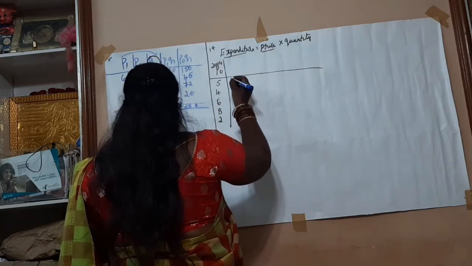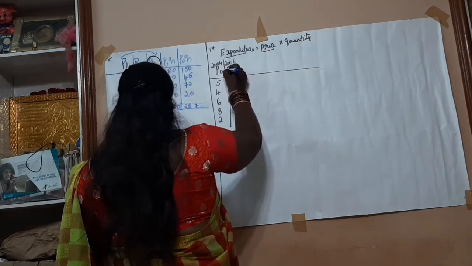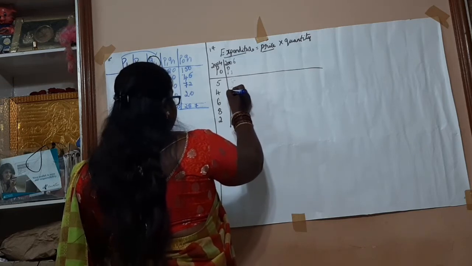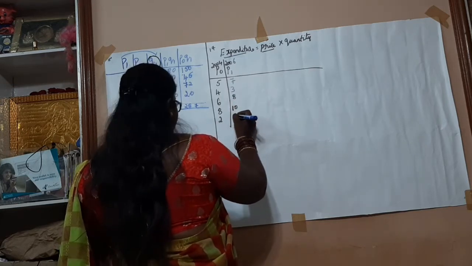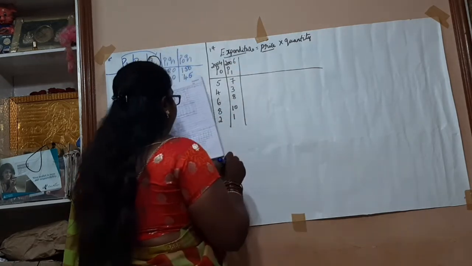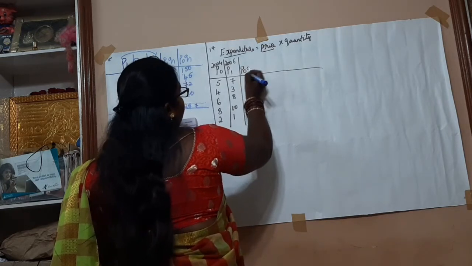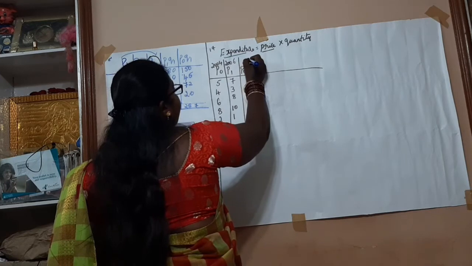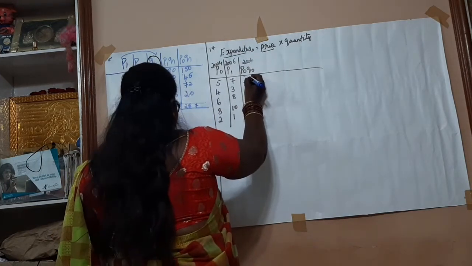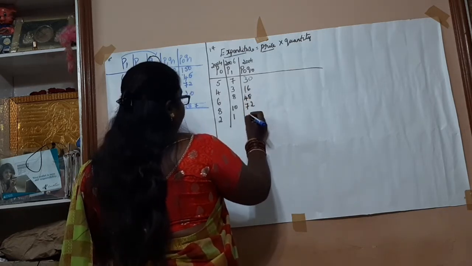Next, the price in 2006, that is the current year, P1, I am taking 7, 3, 8, 10, 1. Next we have the expenditure for 2004, that is P0 Q0: 30, 16, 48, 72, 4.